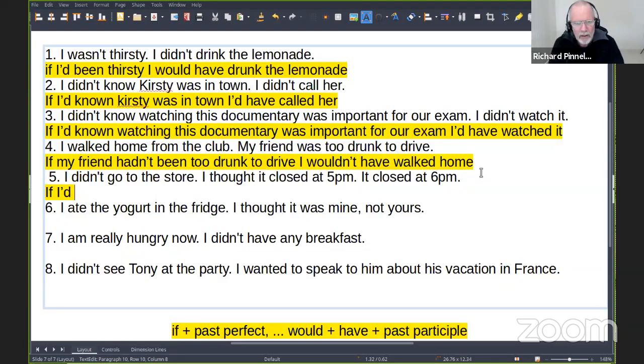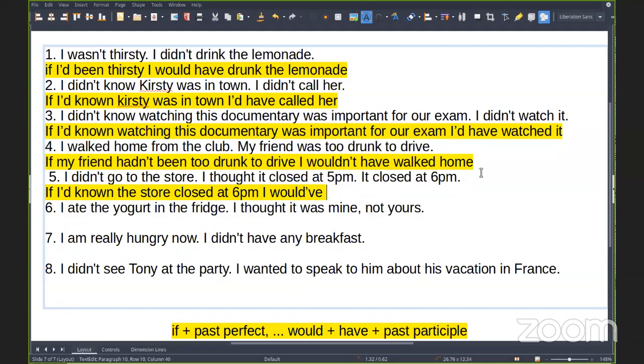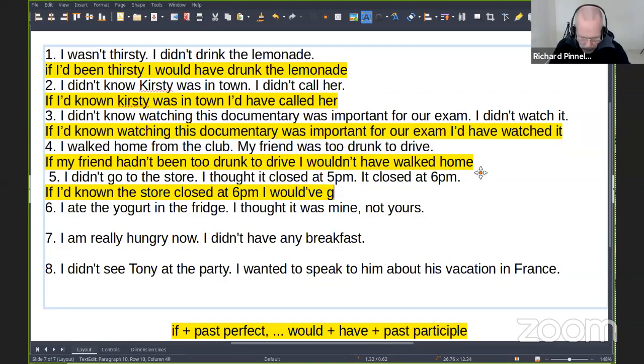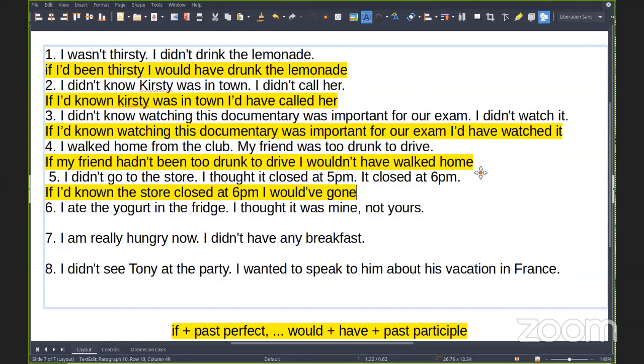If I'd known the store closed at 6 p.m., I would have gone. I would have gone to the store. You don't need to say that because we've got the store there.